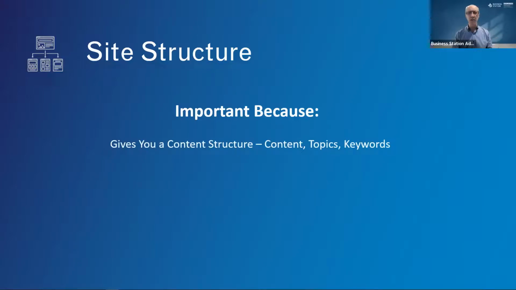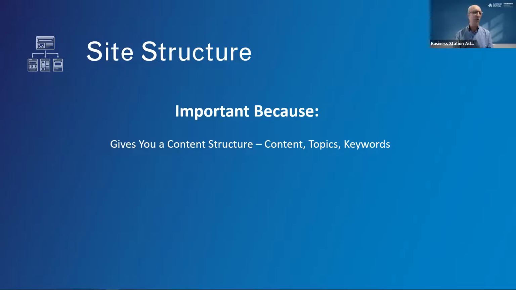SEO is a combination of a few things, and we will talk about that in a second, but structure is the starting point. The reason it's important is that, from your perspective, it gives you structure around which you can logically place your content. It's a little bit like a topic for an essay.